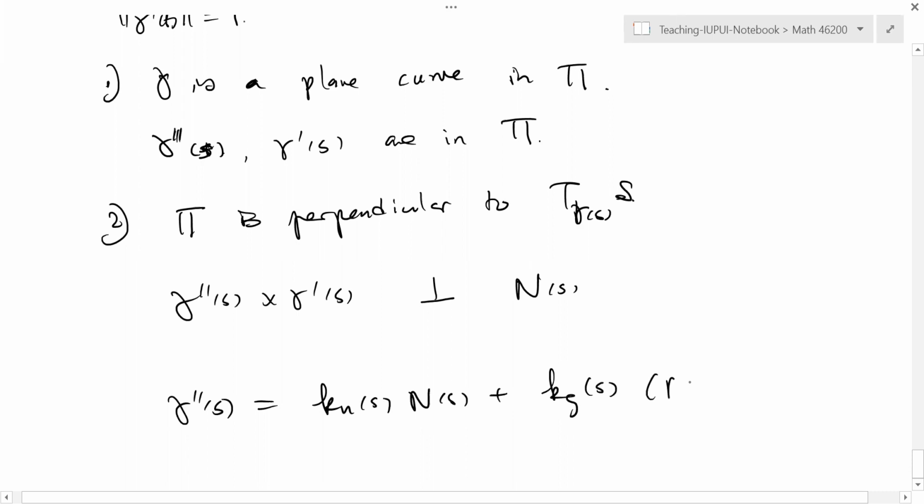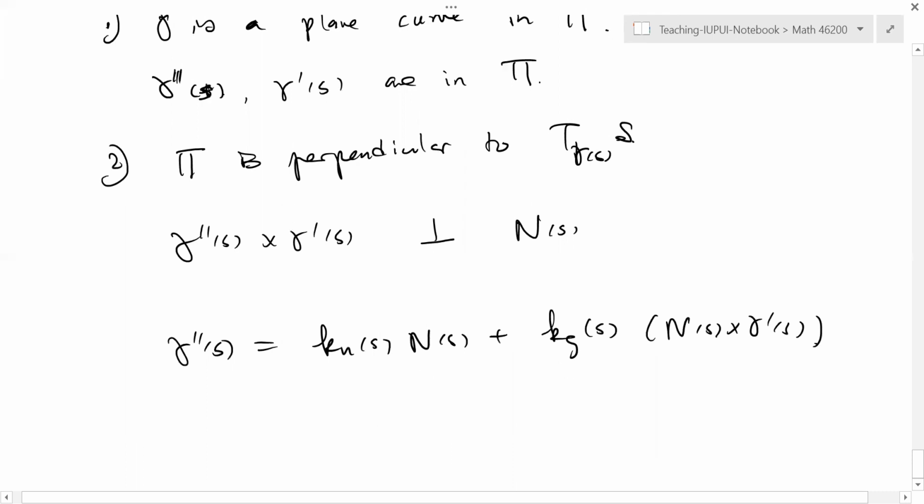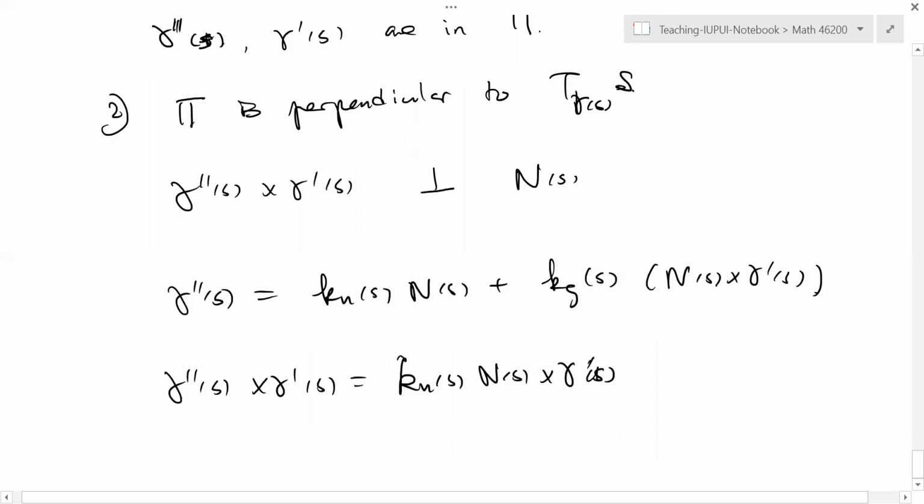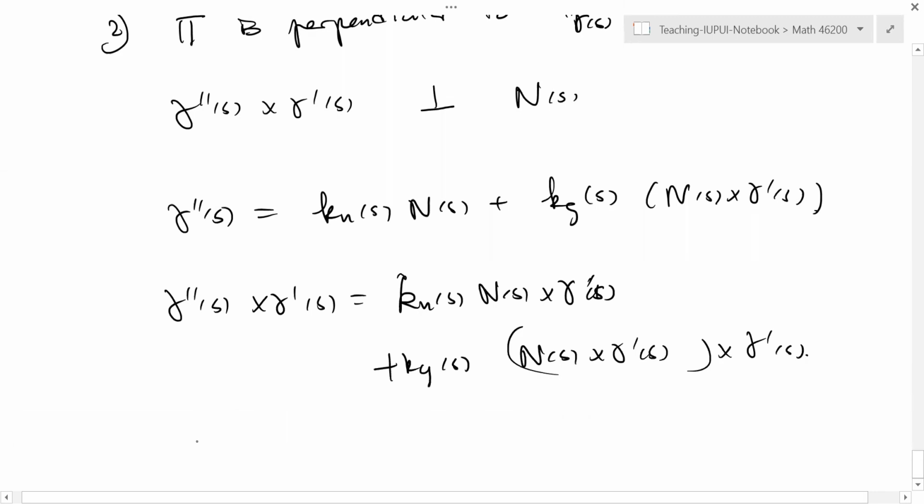This is going to be N_s plus gamma prime_s. Think about it: this is gamma prime, this is N. The product of these two will go in that direction, N plus gamma prime.